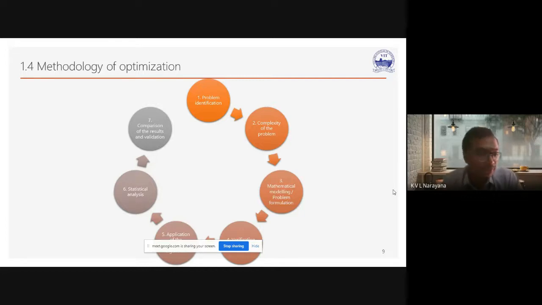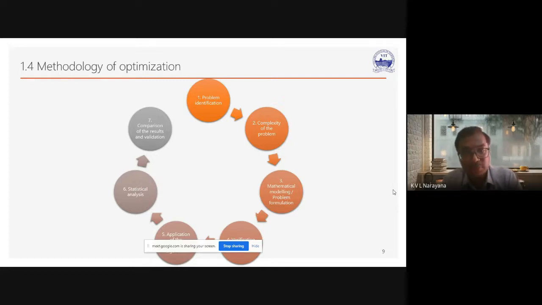While formulating it, if the mathematical model consists of many decision variables to be optimized, then the complexity automatically increases. So the number of iterations takes more time. That means the computational time will increase.